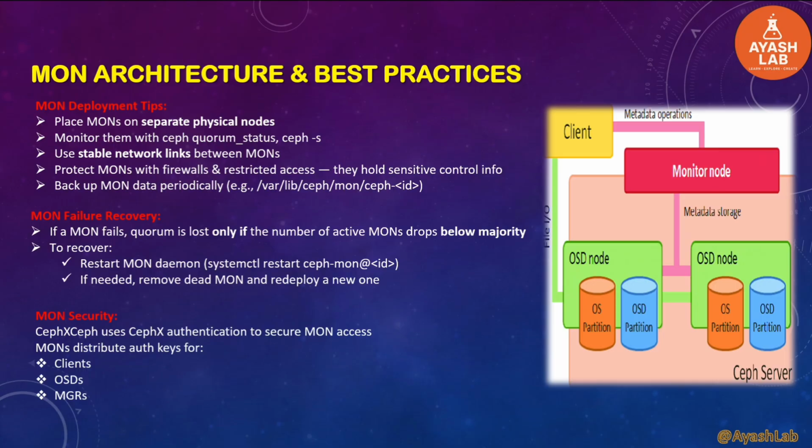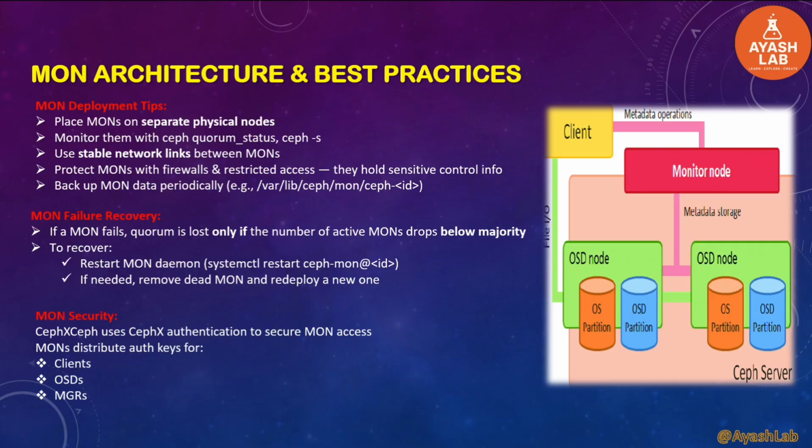Then Mon security with Cephx. Ceph uses Cephx for secure communication between components. Mons issue and verify auth keys for clients, OSDs, and MGRs, the managers. So Mons are not just map keepers, they're also the gatekeepers of security. For a quick recap, Mons must be placed carefully and monitored regularly.